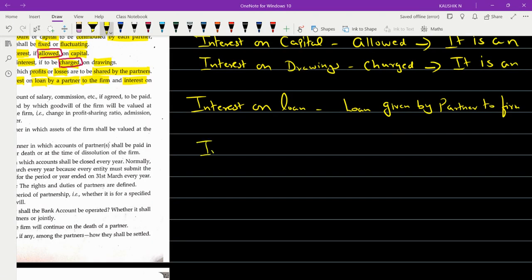The second one is interest on loan given by firm to partner.